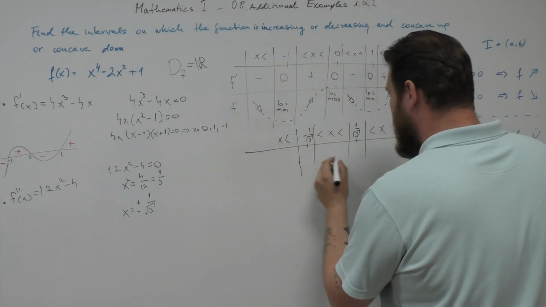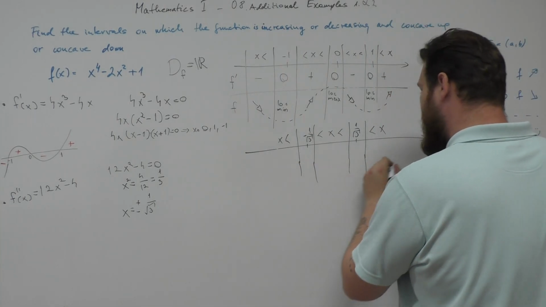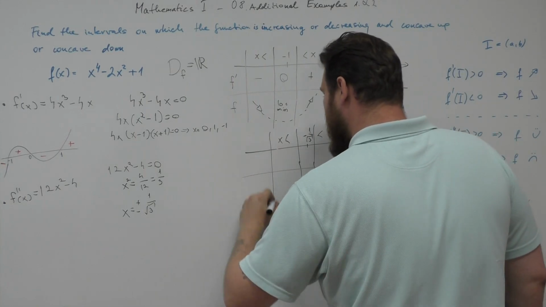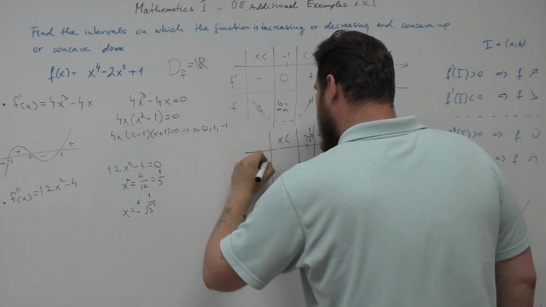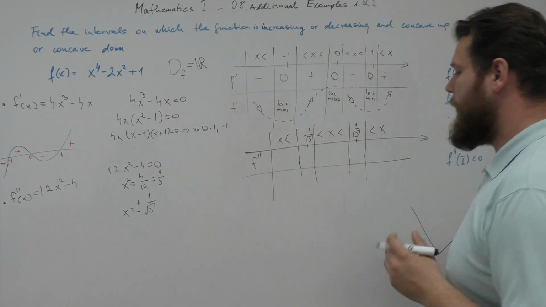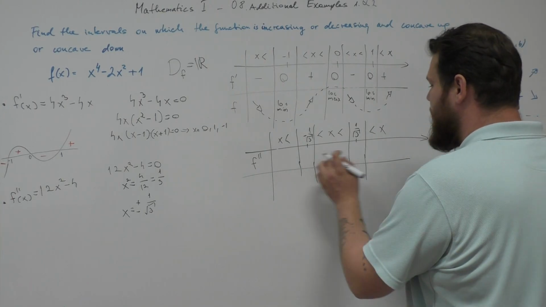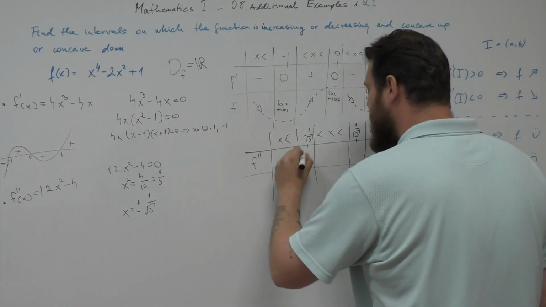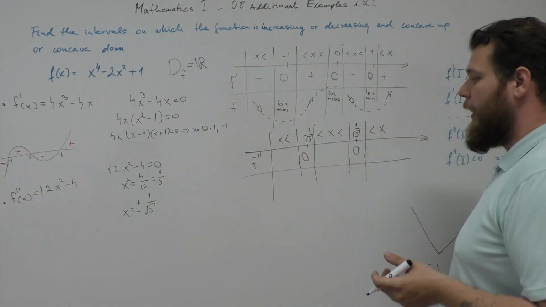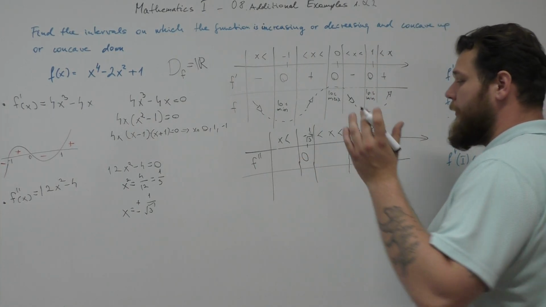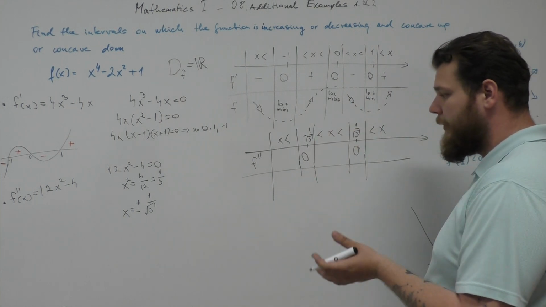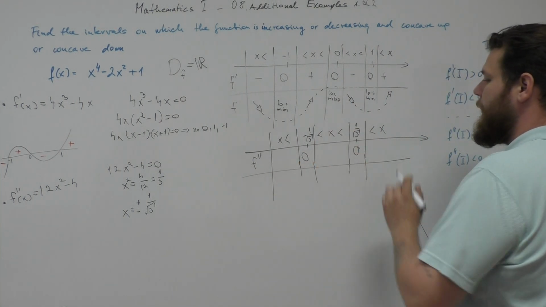So we get a table like this. We know that the second derivative function in these points are 0, and we have to find the signs of the second derivative function in these intervals.